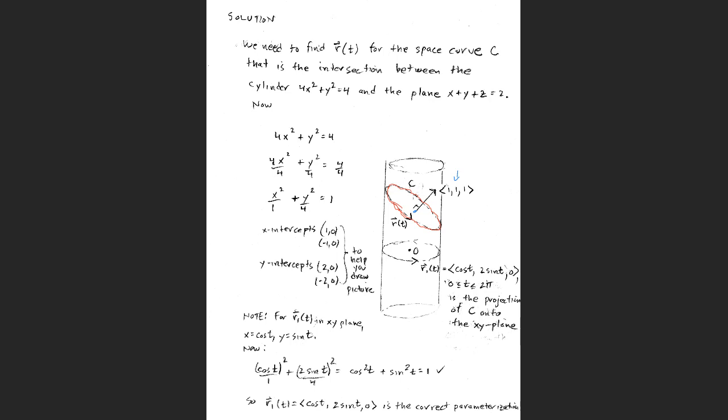Why do I know that this orthogonal vector, maybe I'll put it in blue, how do I know that this orthogonal vector has components 1, 1, 1?